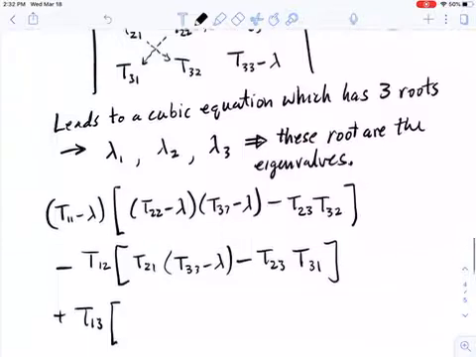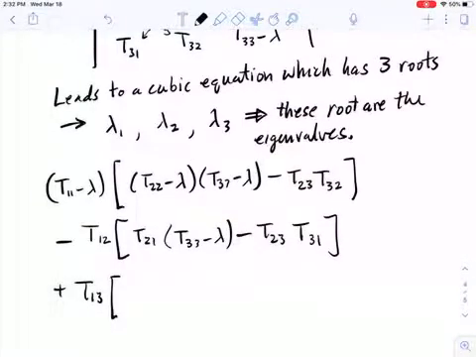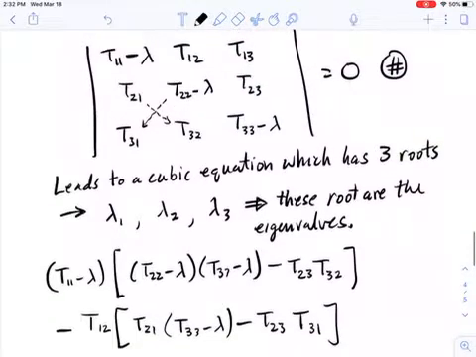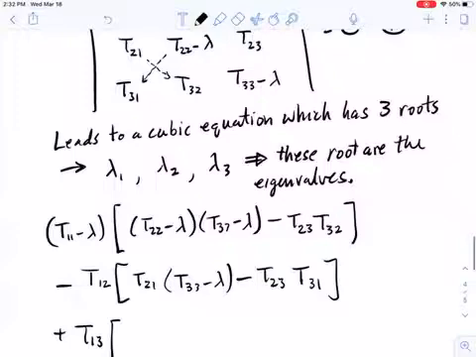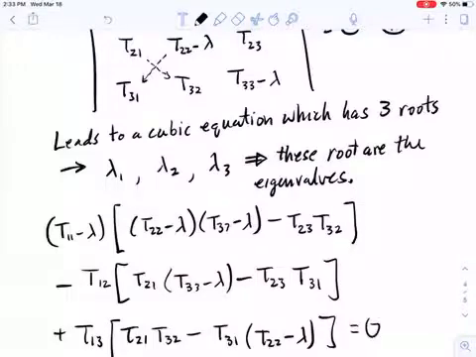So T21 minus lambda, T31. Oh, sorry, no, I got to do first, sorry, T21, T32 minus, and then it would be T31, T22 minus lambda. Right, there we go.